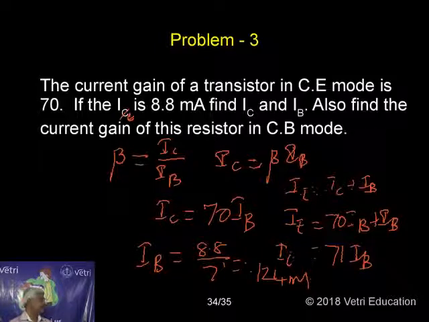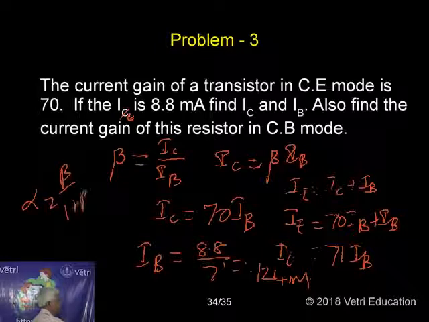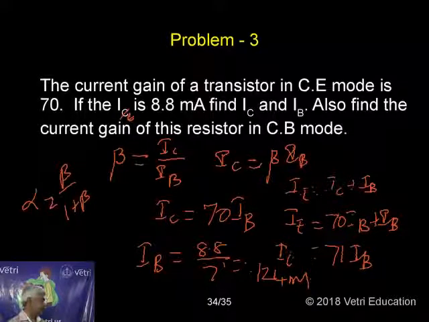The other answer: also find the current gain of this transistor in CB mode. In CB mode the current gain alpha has a relation with beta: alpha equals beta by 1 plus beta. This is also derived in our introduction. Once we know beta, alpha can be calculated; once we know alpha, beta can be calculated.